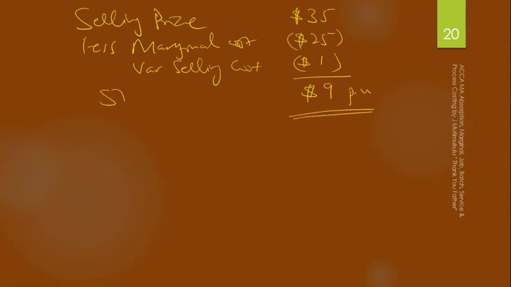We then have to consider the variable selling cost per unit, which was $1 from the question. So our profit should actually come to $9 per unit. That's the standard profit.